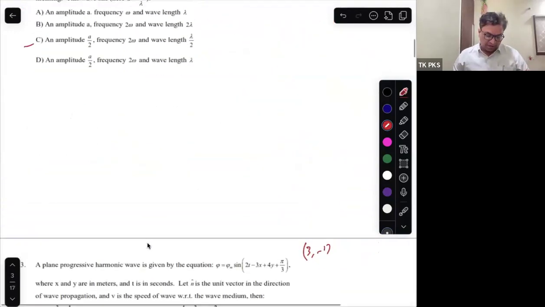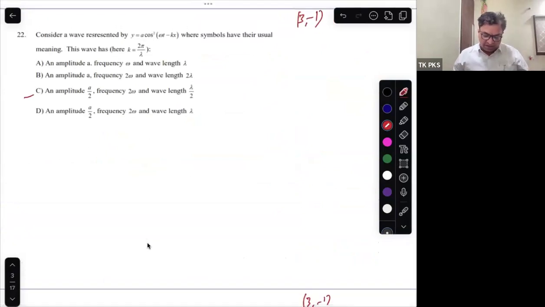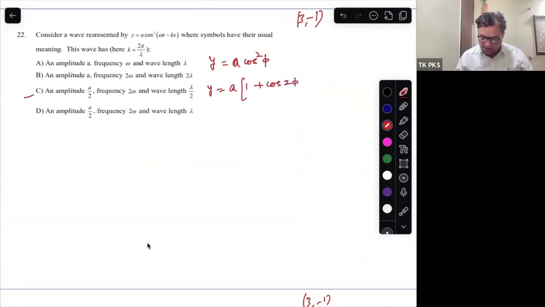Next, consider a wave represented by the equation y is equal to a cos square (omega t minus kx). You can write a cos square phi as a into (1 plus cos 2 phi) by 2.